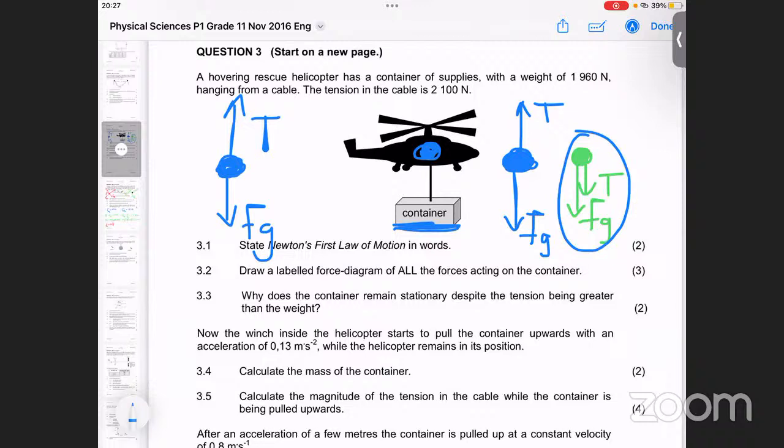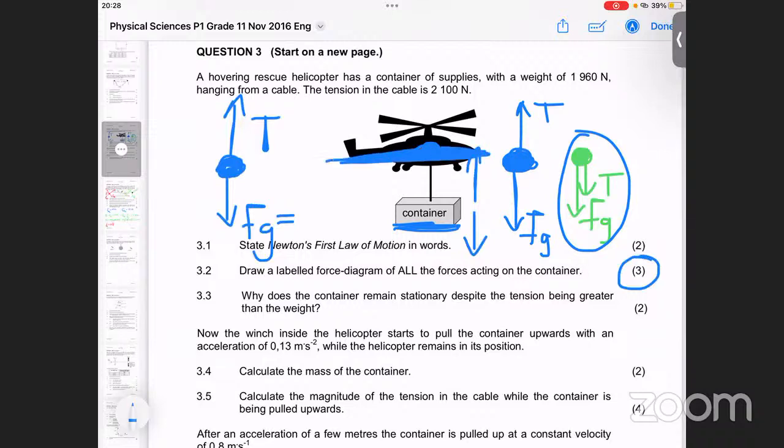Yes, it's going to be the weight of the container and also the tension in that direction. But now, honorable members, how is it the case that this is allocated 3 marks and we just have 2 marks? It wouldn't make sense because this helicopter is not going up or down. It is just hovering at that point.